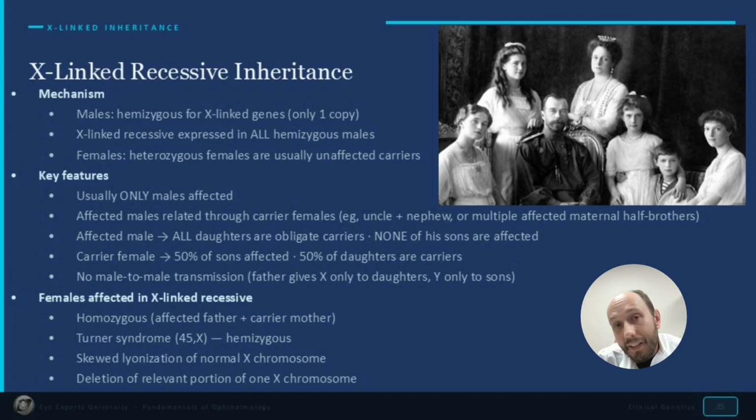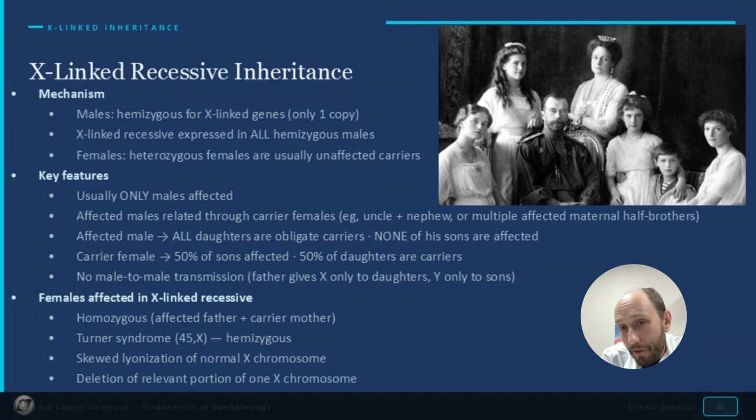So usually, if you have an X-linked recessive disease, only the males are affected, and the daughters are usually all carriers. So what's interesting in this picture is this is the Russian royal family. This is the Romanovs. If you look at this picture, you have Tsar Nicholas in the center, and then he's surrounded by women and one son.